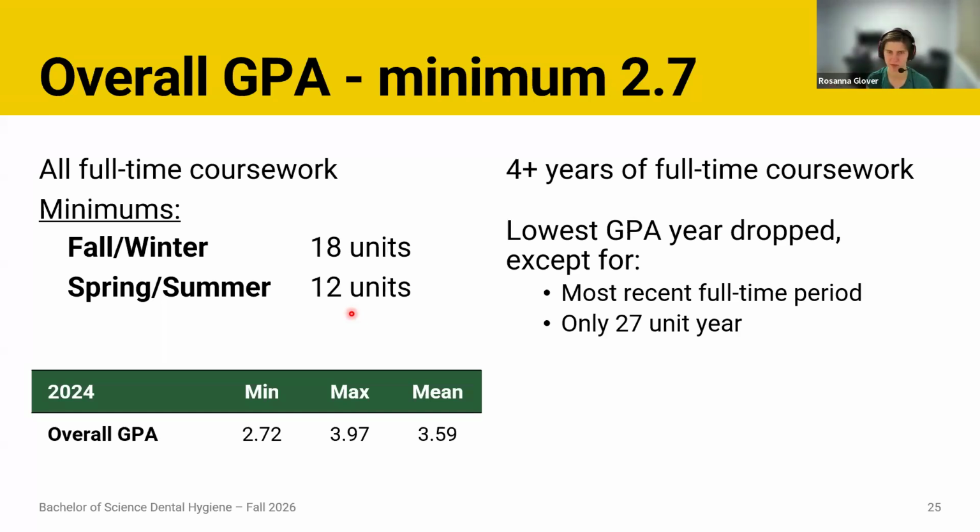We always bunch the fall winters together and spring summers together. And then, how are they weighted? It's weighted based on the units. It's not like every year is treated equally. If you did 18 units in one fall winter, but 24 in another, 30 here, it's going to be based on the units.